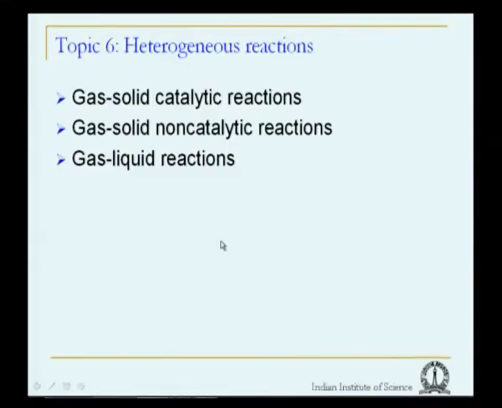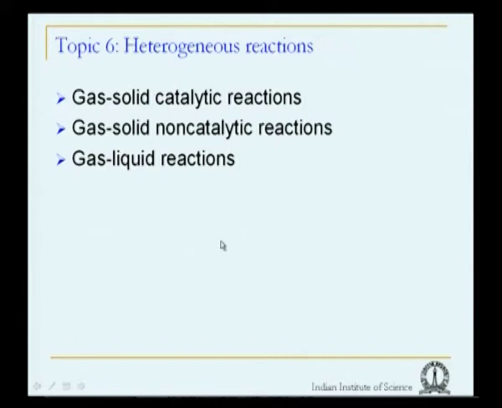So, what we are going to do is start looking at gas solid catalytic reactions to begin with, and then we will turn our attention to non catalytic reactions and then gas liquid reactions.